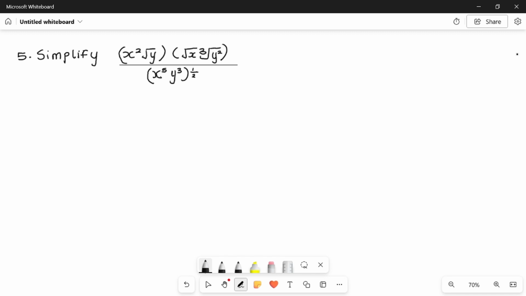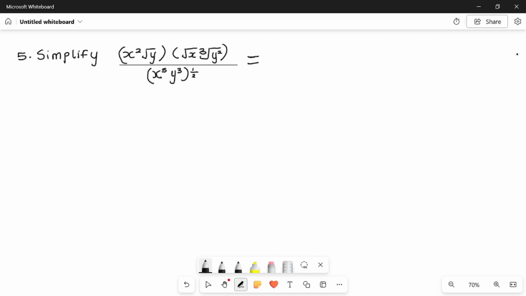So they have the same base. Whenever we are multiplying with the same base, we add their powers. But the issue here is that root y, cube root of y squared and root x don't have a power yet.